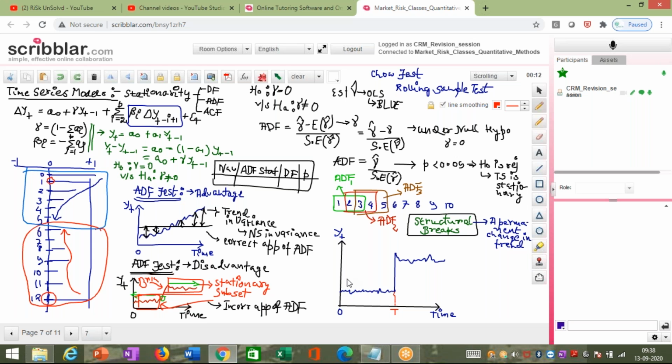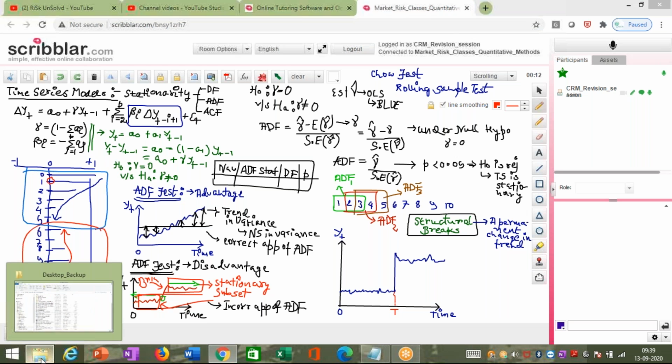One of the observations is that yes, this series is non-stationary in nature. So the question is, what would be the best fit line which can approximate this particular time series?